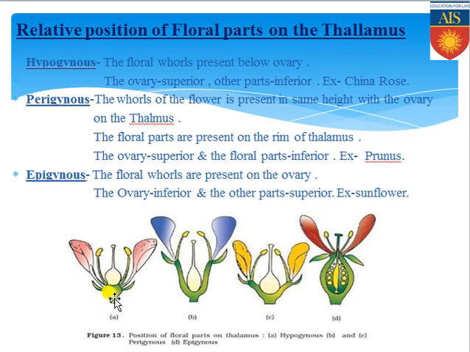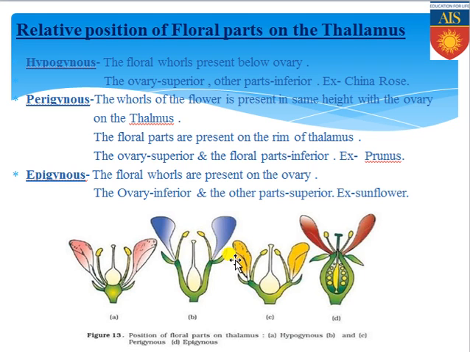So you can see the figure also. This is the hypogynous: here this is the ovary and you can see all of the parts, that is calyx, corolla and androecium, erupting from the base of the ovary. If you see perigynous, B and C both are perigynous. This is the ovary and here the androecium, then the petals, that means corolla, and calyx are coming almost from the same level or height. Even here you can see the ovary has entered a groove-like structure, present at quite more depth than the corolla, calyx and androecium.